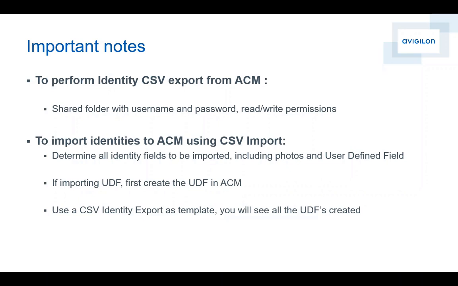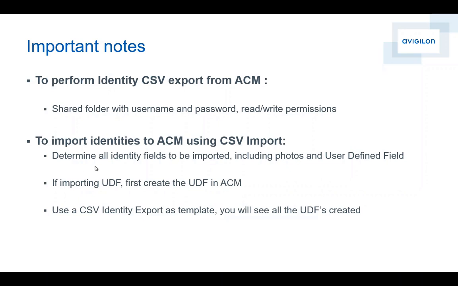So you export that, remove all the data in that file, and that file will include columns for the newly created user-defined fields. You can use that as your template, populating it with the information that you want to import into ACM.